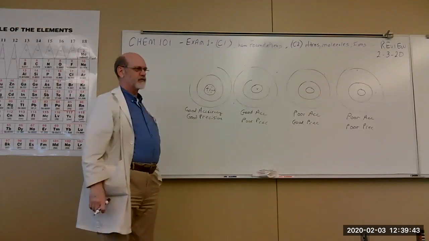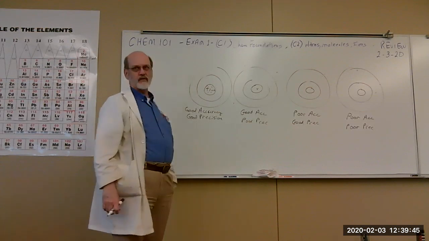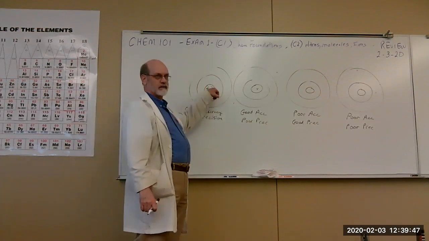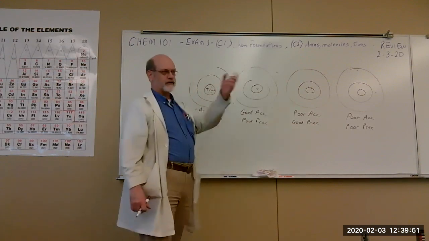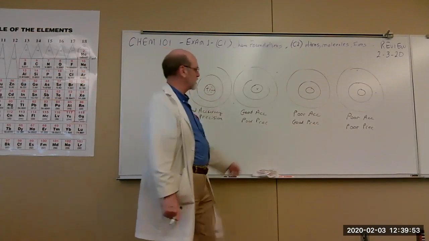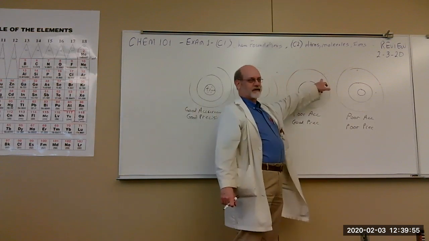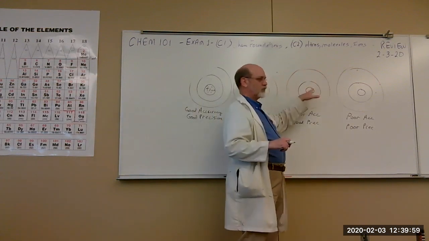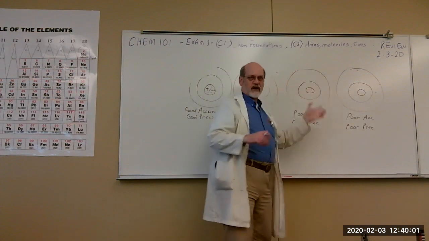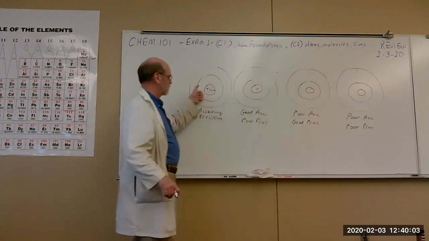Now, what's the ideal for a hunter sighting in a scope? That one. But what's most often the case if you had your rifle sitting up since last season? Usually this one. You get a good grouping, but it's way off. So you just adjust your scope, bring the whole grouping down. Try it again to be sure. Get that one.